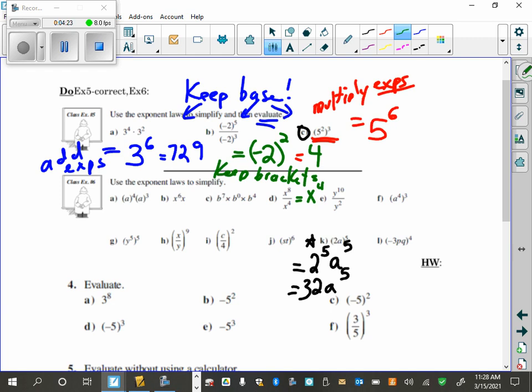And this one, when you get to questions H and I, that means you put the numerator to the 9th power and the denominator to the 9th power. Okay, so you do it to both. Whatever exponent is outside the brackets, the base is a fraction. That means the numerator is squared and the denominator is squared in I.